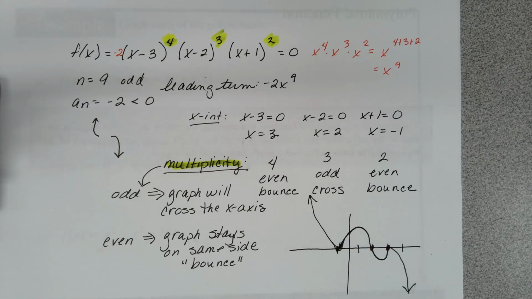If there's nothing out front, remember it's that implied 1. So just knowing these few little facts, you can graph a 9th-degree polynomial like we just did without much stress.